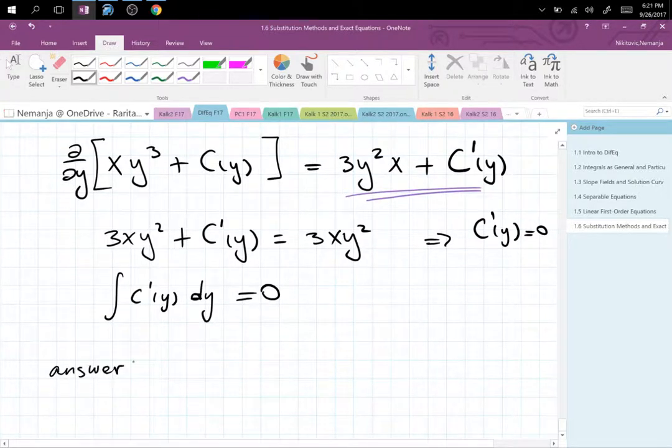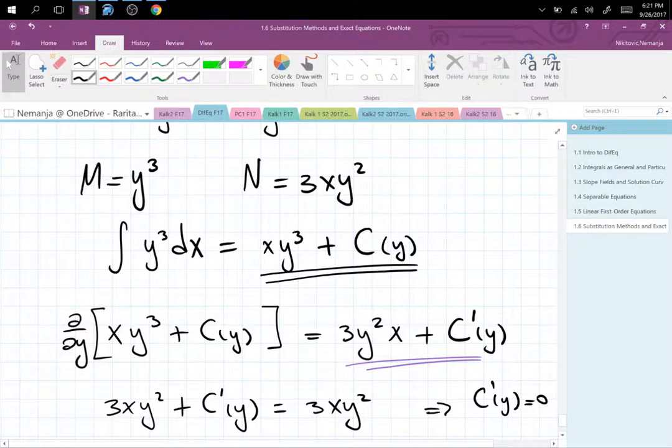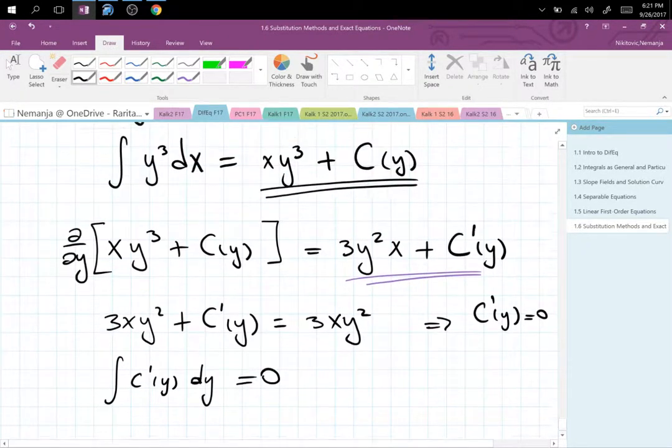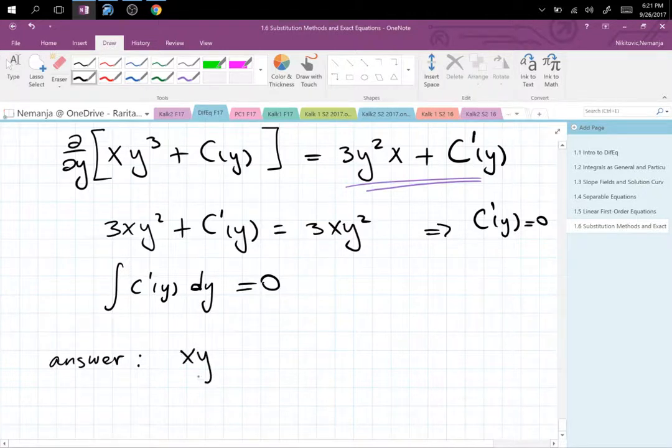Well, you put it at the last step. So the answer would be, where's my solution? My solution is right here. We just took the derivative, ended up at c prime of y equals 0. Then we go to the integral, like reverse it, and still end up at 0.